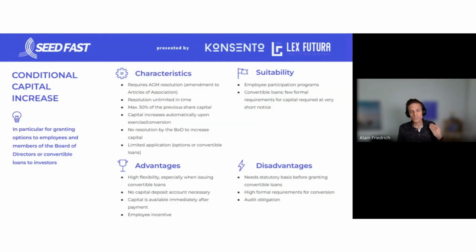And then once they do the conversion, they realize, hey, some of the investors, they don't want to be public. Whether that's justified or not is a totally different question. But if they don't want to be, they have to take some quite adventurous routes to circumvent this. It's possible, but I think in the bottom line, the costs are much lower if you have the statutory basis, the conditional capital or the contingent capital, and then issue CLAs, convertible loan agreements, and do the conversion afterwards.